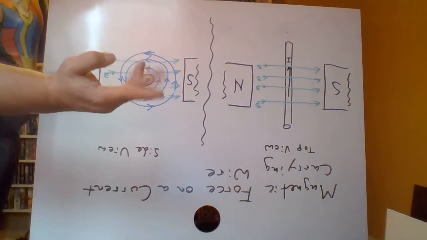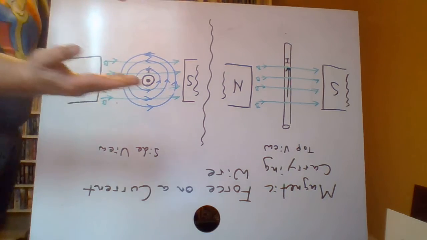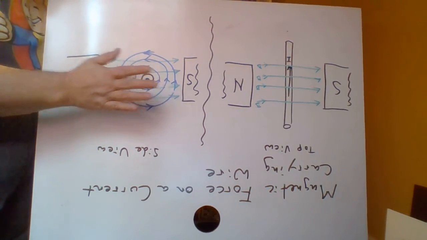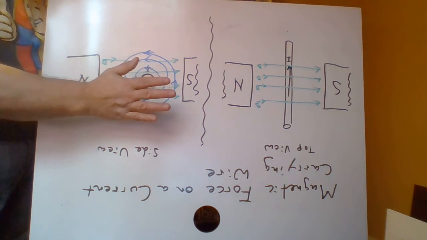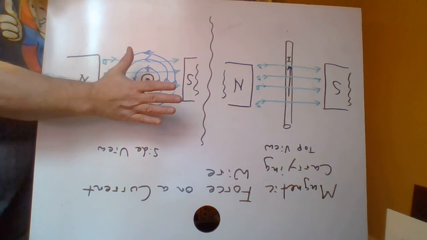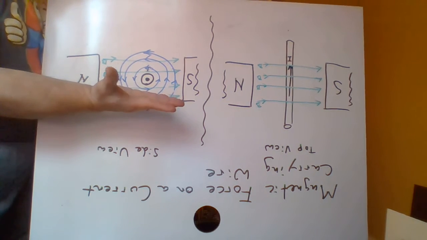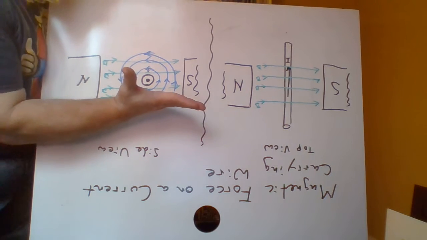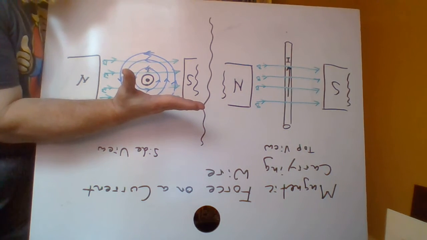Okay, here we are with this one. My fingers are the magnetic flux lines. Put them in the direction of the magnetic field, so from north to south. The current is coming out of the page in this diagram. So that means my thumb has to be pointing out of the page. Notice which way my palm is pressing on the wire.